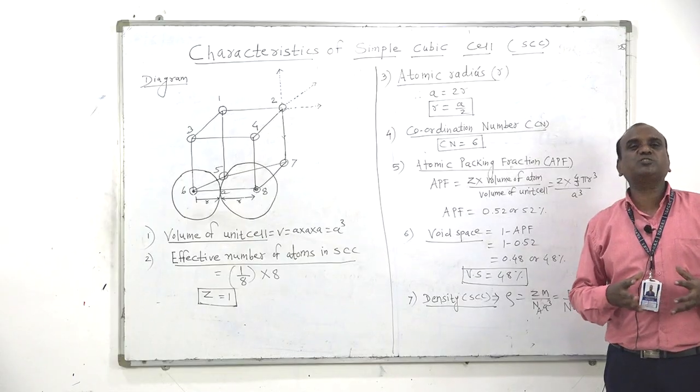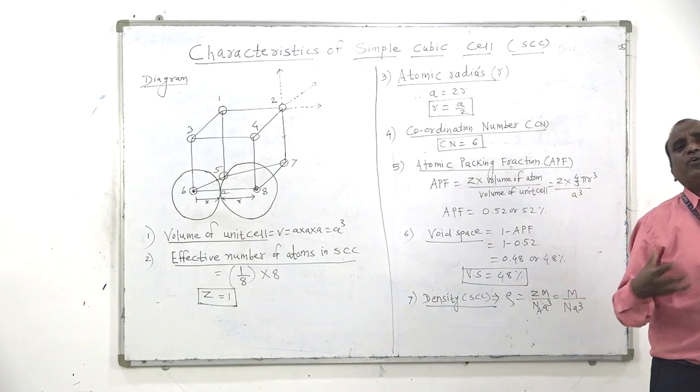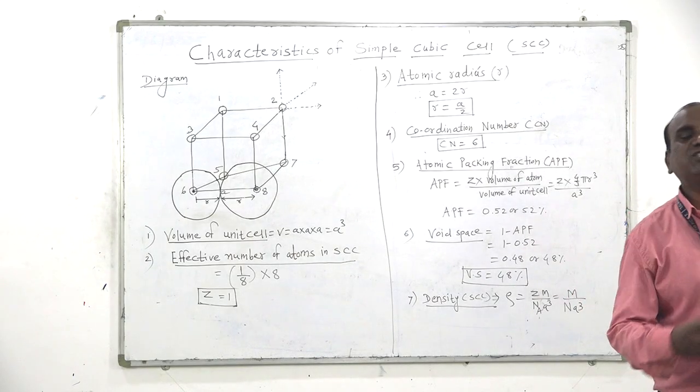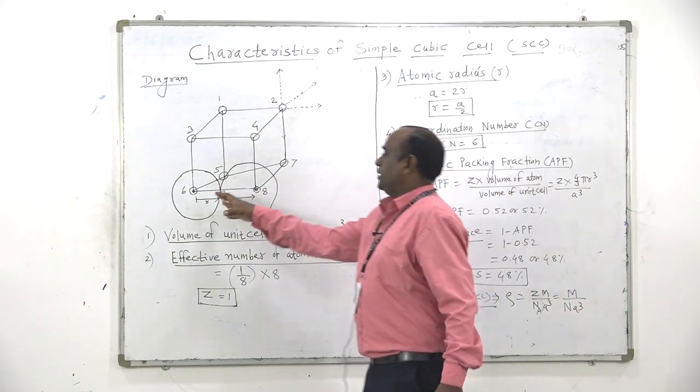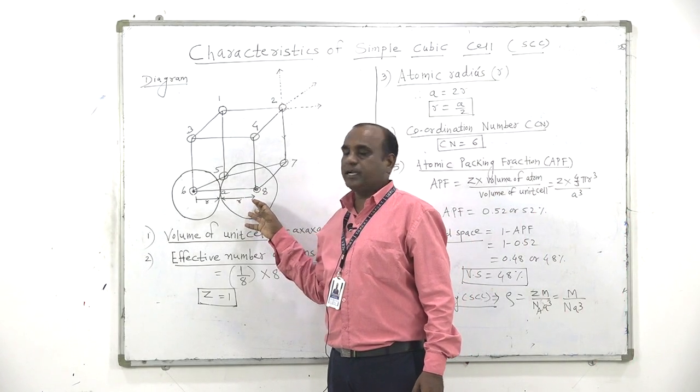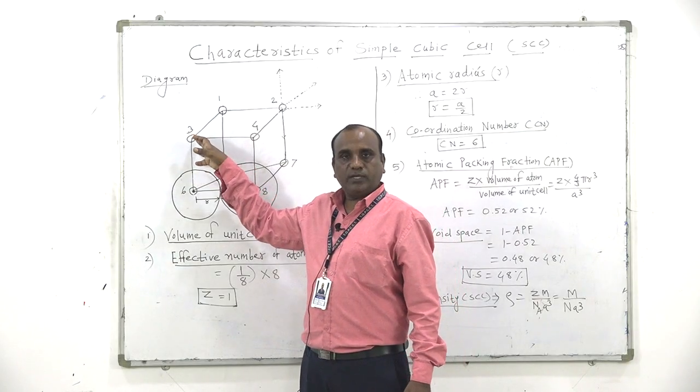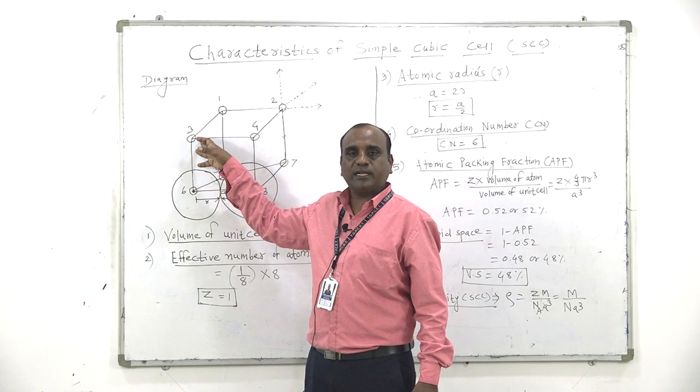And next, void space. Sir, what do you mean by void space? Void space is nothing but the vacant space of the atom after occupying the space. This atom is attached with another atom, this atom is also attached with another atom.